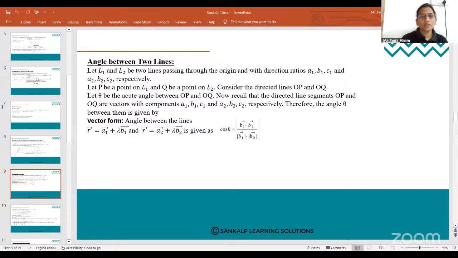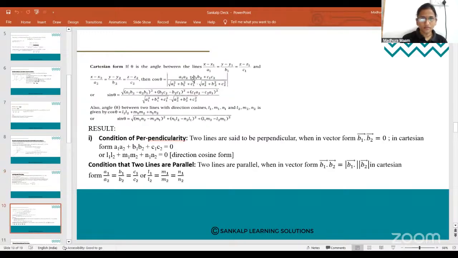In the Cartesian form, it is again the modulus of a1 a2 plus b1 b2 plus c1 c2 divided by the respective magnitudes, with a1 b1 c1 being the direction ratios, also provided that the equations of the lines are given.